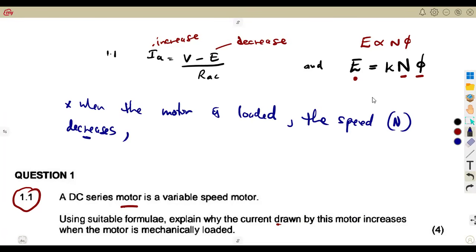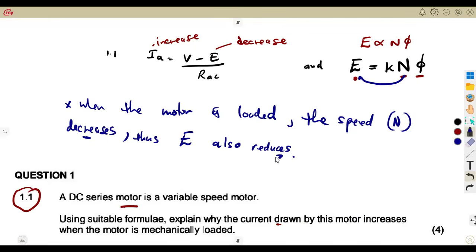As it decreases, we saw the effect. Once the speed decreases, it affects E. Thus, E, which is our EMF, also reduces or decreases.